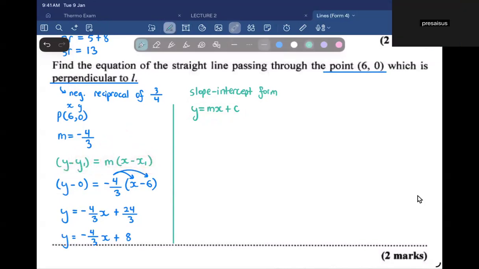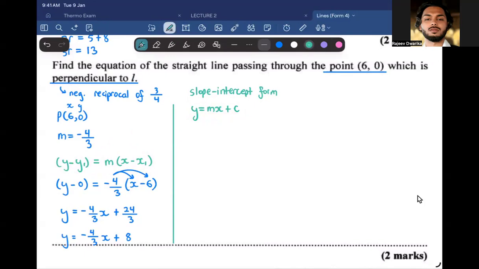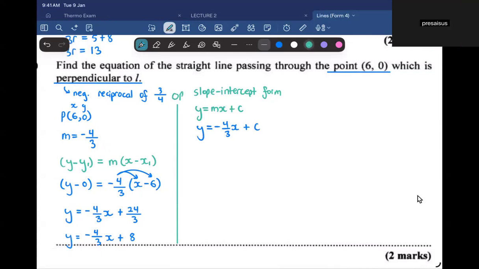Yes, sir. Okay, great. So let's solve it using the traditional method. So the gradient is minus 4 over 3, so y equals minus 4 over 3 x plus c. What's the next step, Perseus? How do I do this for the point?